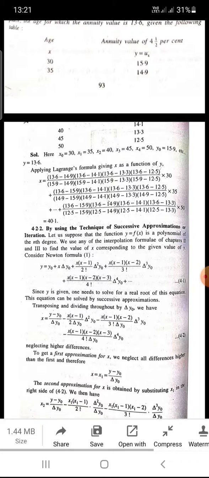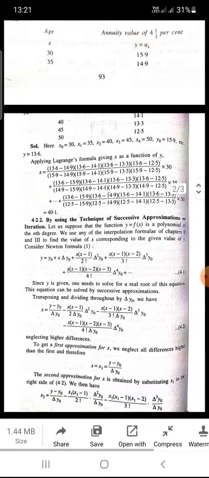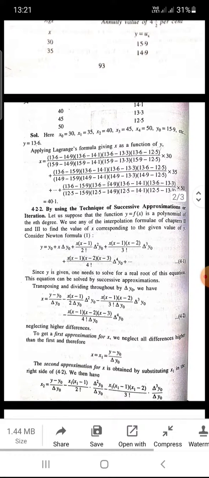Now the second method is the successive approximation method, or we simply say iteration. When the values of x are equidistant, this method is suitable. Here we suppose that y is equal to f(x) is a polynomial of degree n, and to find x corresponding to the value of y, we have Newton's interpolation formula.